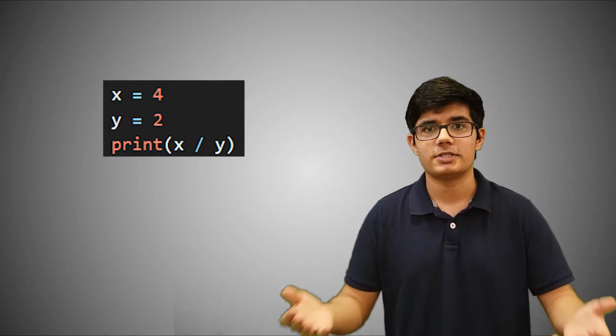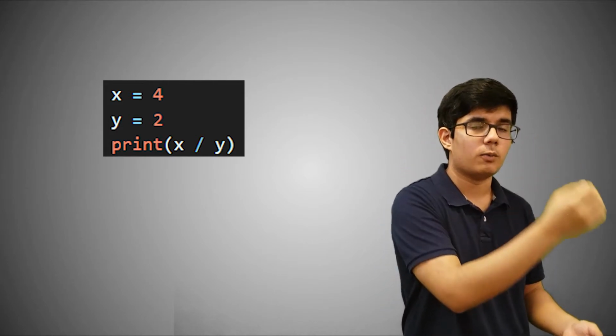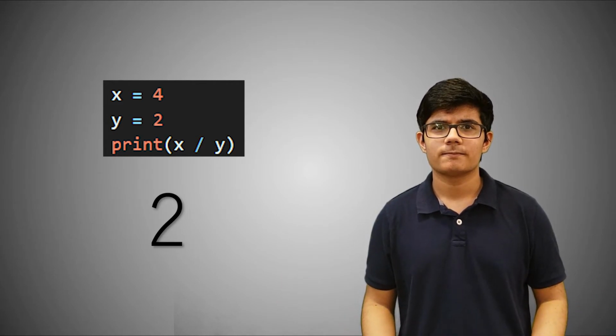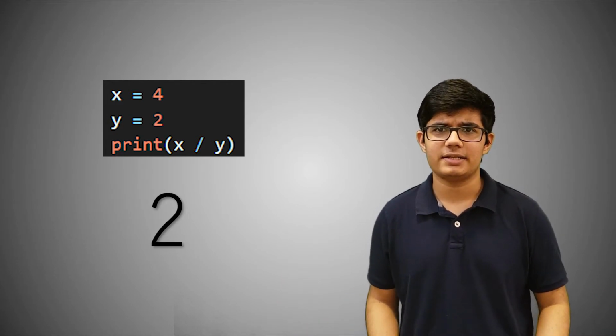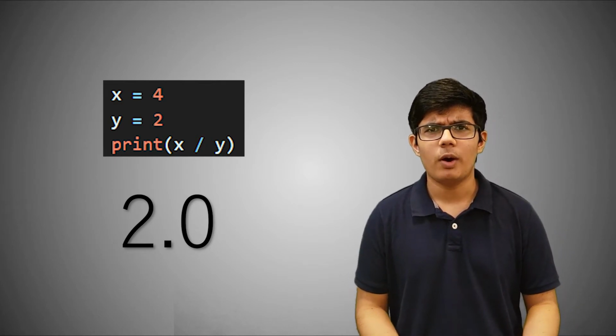But let's throw variables into the mix. Let's say I have a variable called x, which is equal to 4, and a variable called y equal to 2. I can do print x divided by y, which gives me 2, right? Well, the output actually is 2.0. Why is that?